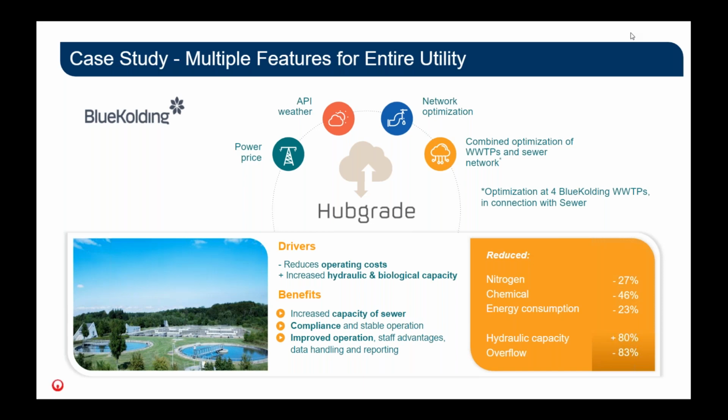A lot of the work that we're doing with collection system optimization and using weather APIs and real-time fluctuating power prices to tie into how the collection system is controlled. They've been a great partner in advancing these advanced model-based control techniques there.